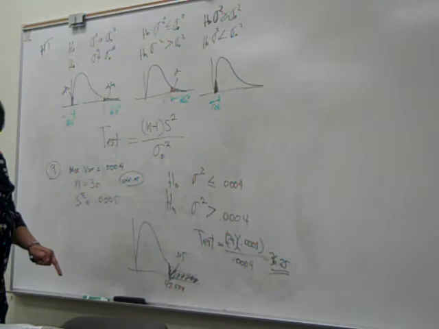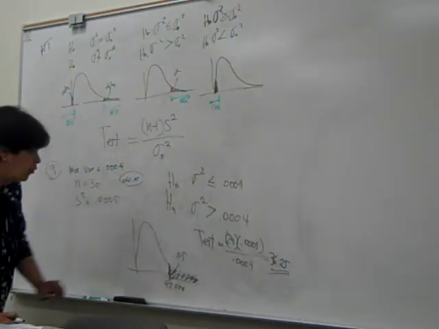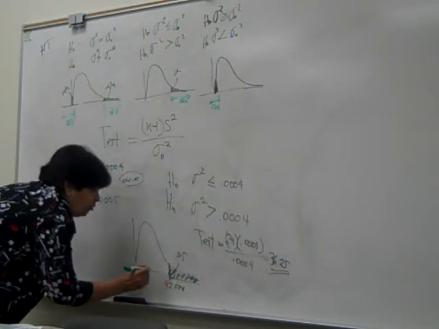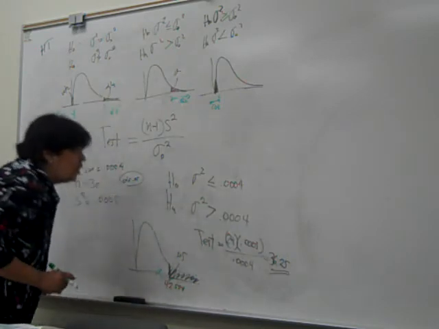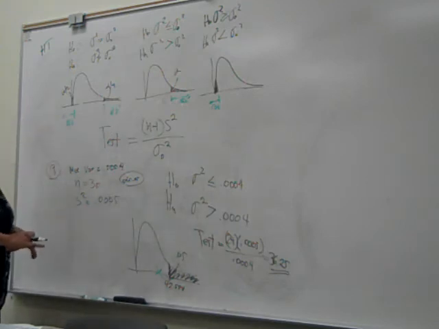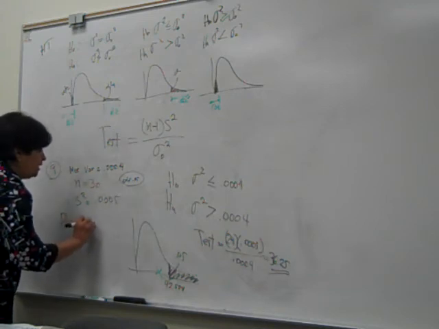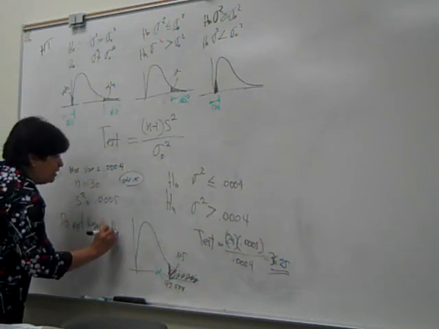Okay, where is this 36.25 in this graph? It's over here. So it's in the fail to reject zone or do not reject zone. So my conclusion is do not reject the null hypothesis.